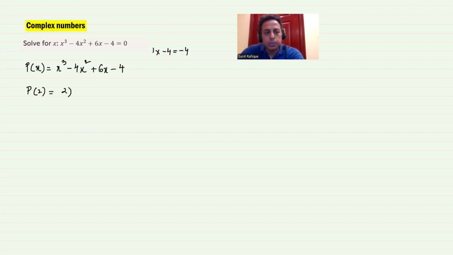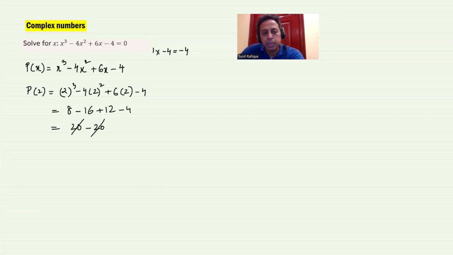It's 2 cubed minus 4 times 2 squared plus 6 times 2 minus 4. This will give me 8 minus 16 plus 12 minus 4. So 8 plus 12 is 20, and negative 16 and negative 4 is negative 20. Bingo. That works. So you can say that x equals 2 is a root.